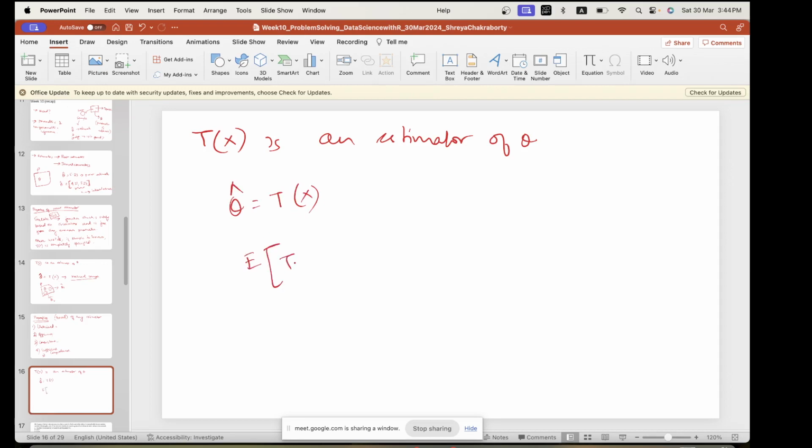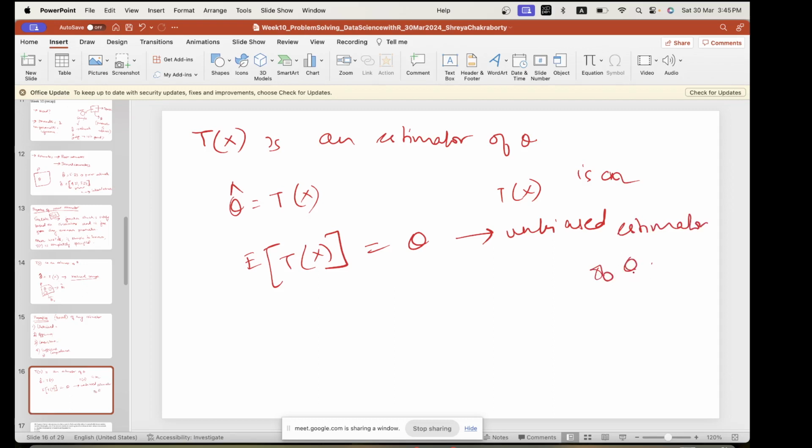And if the expectation of T(X) is equal to theta, then we say that T(X), the statistic, is an unbiased estimator of theta. What we mean by unbiased is that T(X) should be close to the true value of theta in some sense.